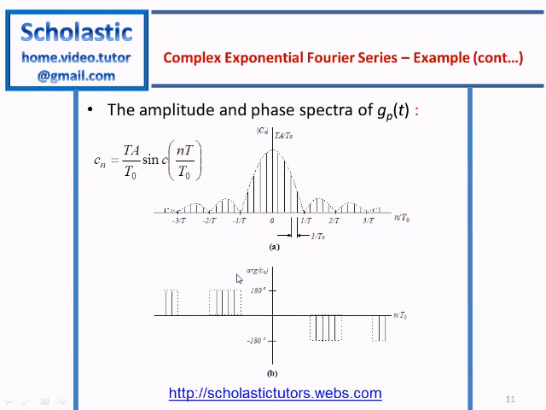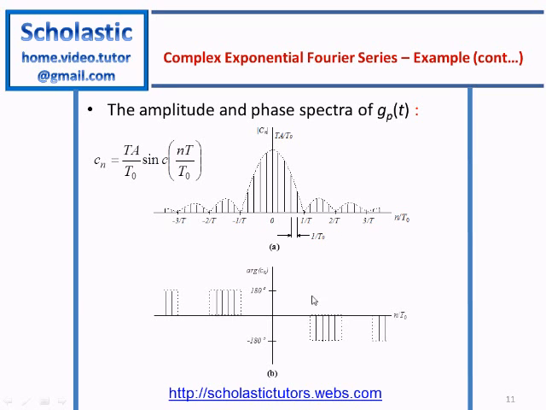And also we can see that there is a phase. In this case, when it is positive, we take the phase to be 0, and when it is negative, it depends on whether it's approaching from the negative side or the positive side. Basically, we sometimes take it as an odd function, because sinc is an odd function in this case. So basically we take the positive sign.